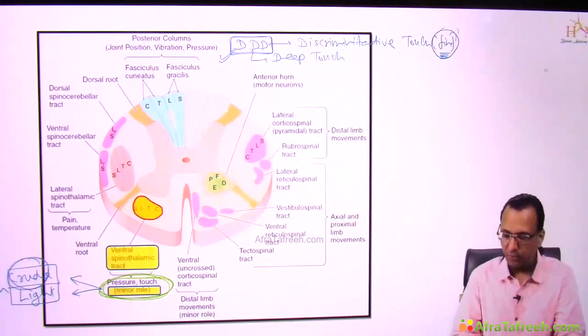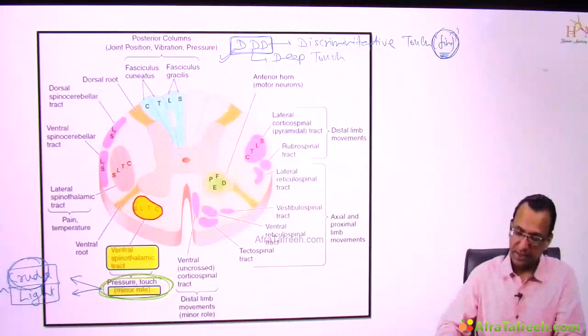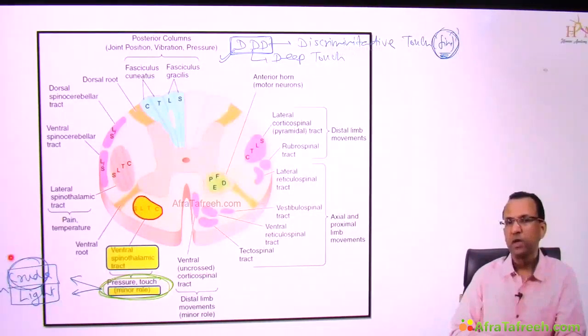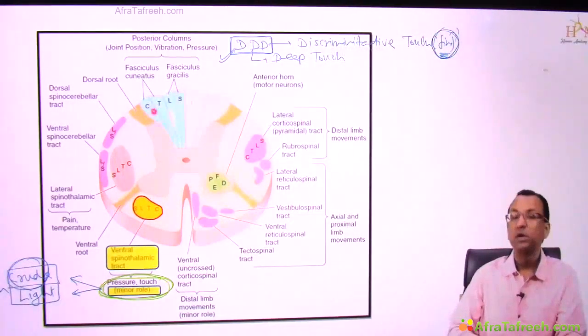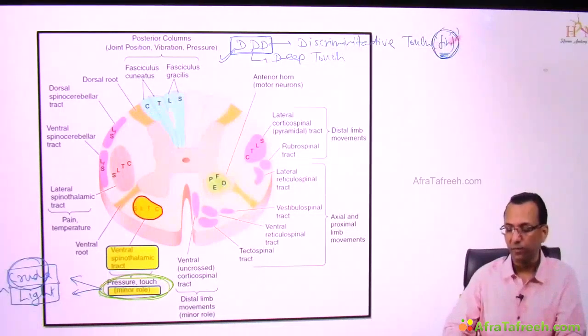So what is the difference between fine touch and crude touch? Crude touch is carried by the anterior spinal thalamic tract, and fine touch is carried by the dorsal column. But what is the actual difference?